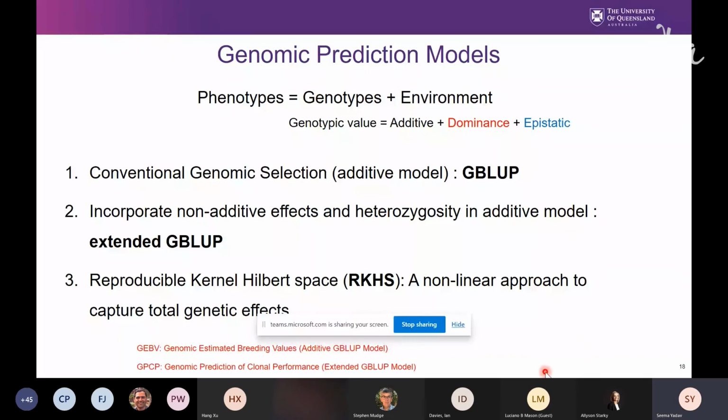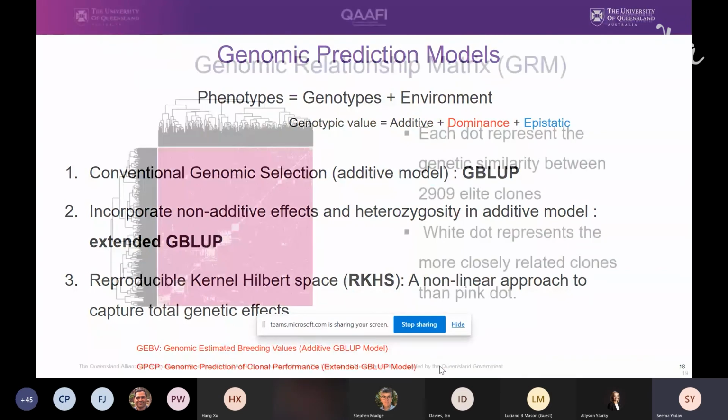Here I'm going to use two terminologies. With the additive GBLUP model, we get an estimated breeding value, because we are using genomic information, the genomic estimated breeding value. But when we use the extended GBLUP models, we predict the variety performance, the clonal performance, which includes additive and total non-additive genetic effects.